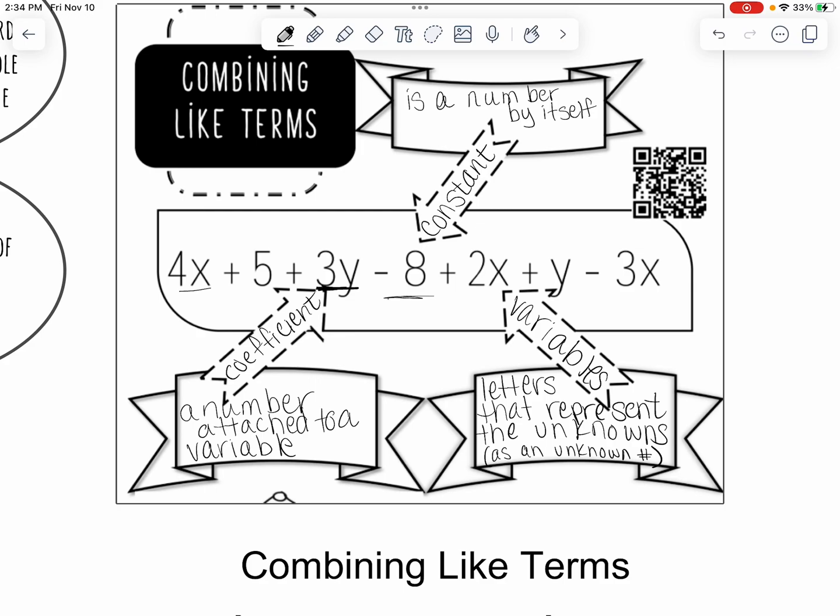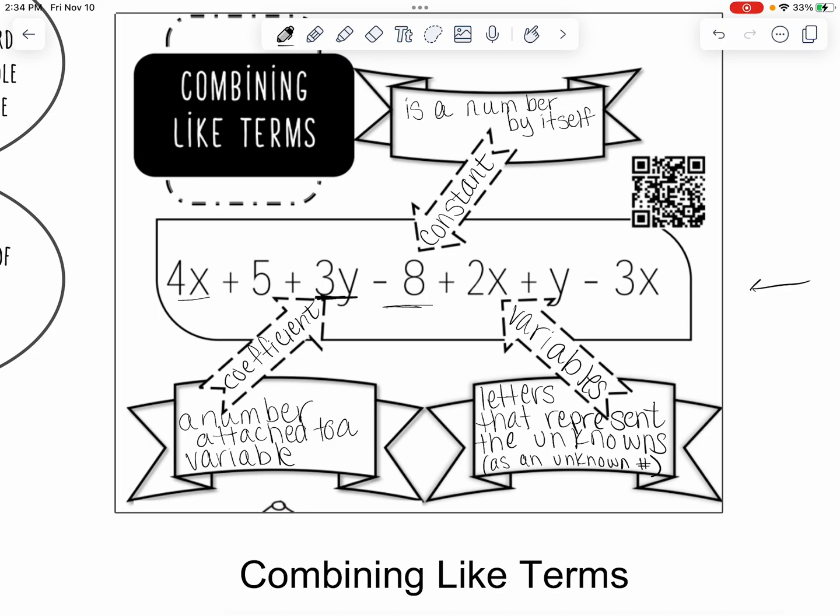But if I have an x, I want you to go through this right here, and put a circle around everything that has an x next to it. And make sure the subtraction sign goes with the number with the x. So for instance, if I have minus 3x, I'm going to put a circle around minus 3x.